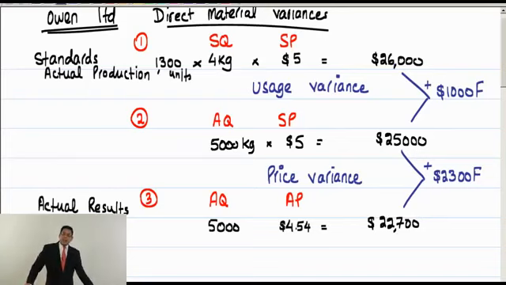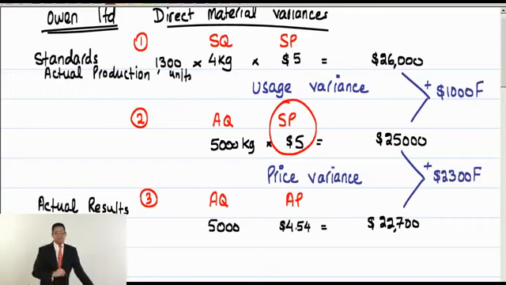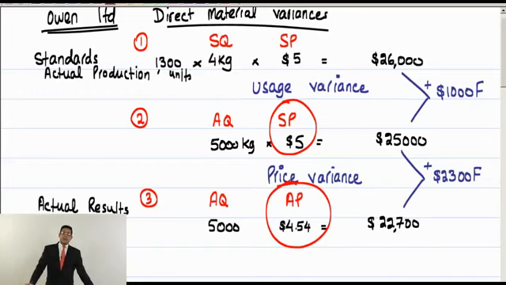And second is the slightly analytical way. If you look at standard price, standard was to pay $5, whereas actually we paid less than the standard, so it reflects a saving for the organization, and that's why it is favorable.